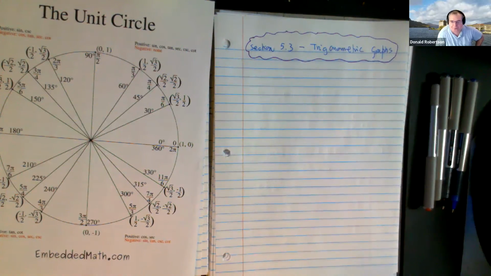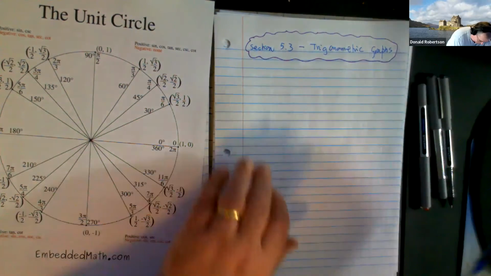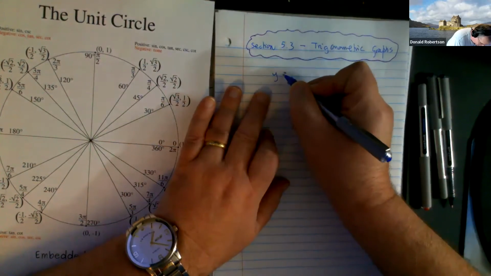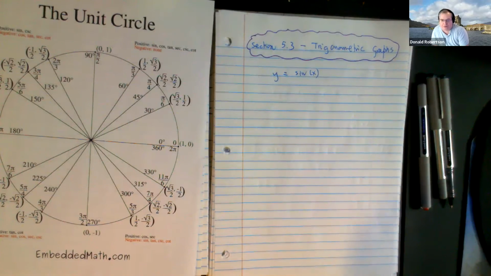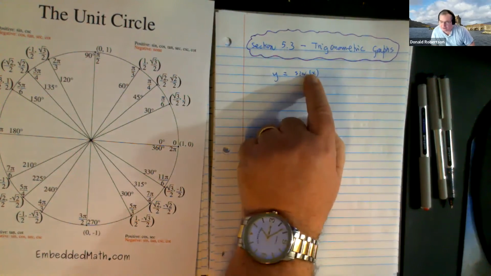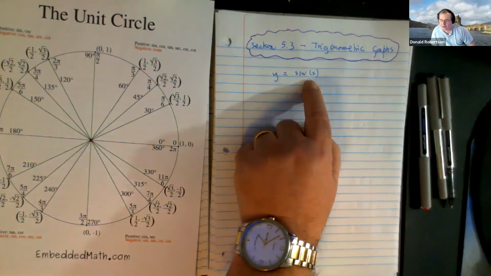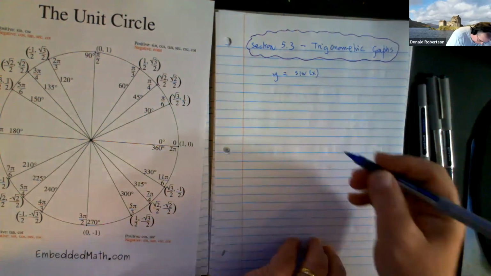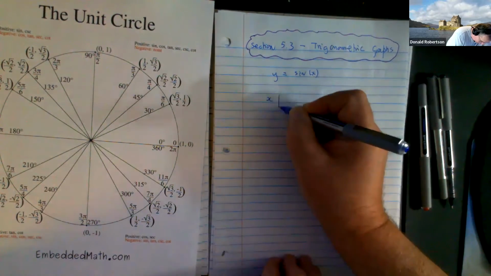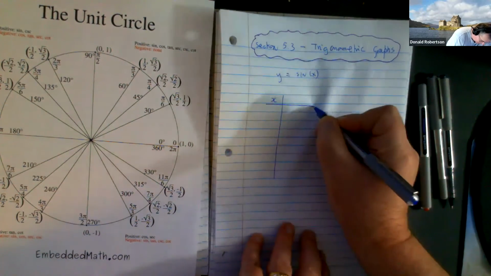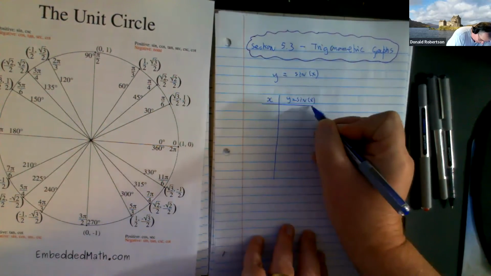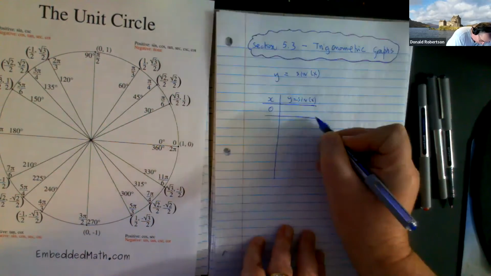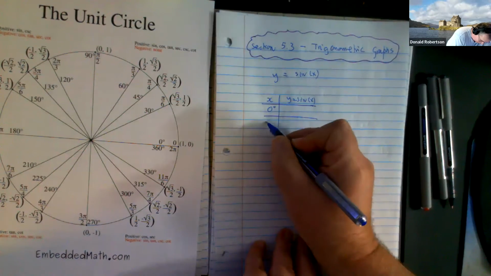Right. So we are going to look at what y equals sine of x looks like. So we're going to do a graph of the sine function. Now, it is a function: you plug in an angle, you get a y value. You plug in another angle, you get another y value. Can you imagine that, for the first time at least, I'm going to do it in degrees?